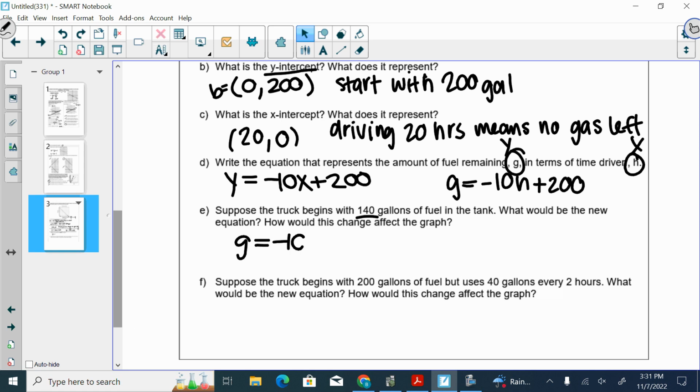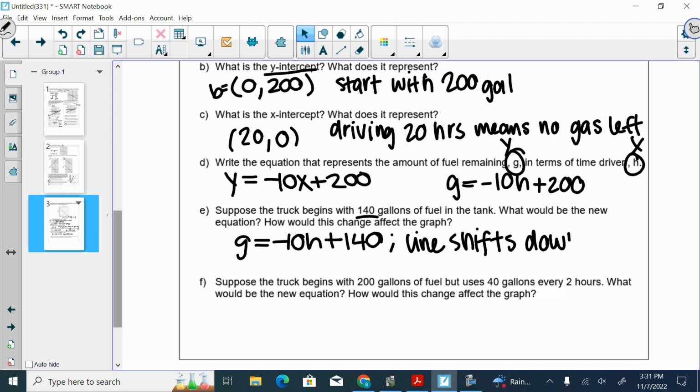Still G equals negative 10H. But now instead of starting at plus 200, where did it say we should start? At plus 140. Very good. Okay, so if I went from 200 to 140, did we move up or did we move down? Down. Good. So we would be able to say here that our line would shift down.